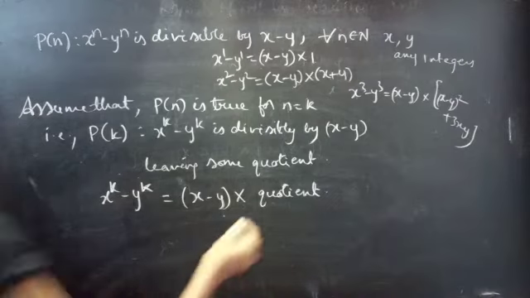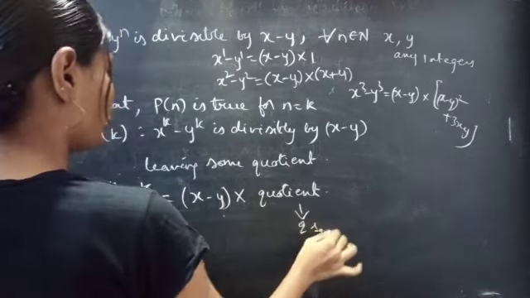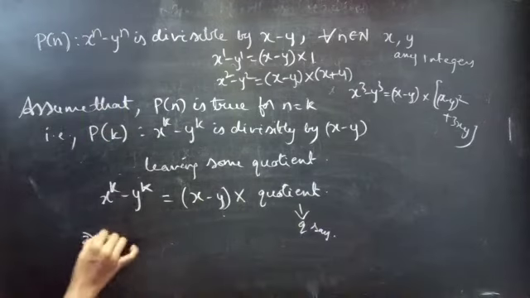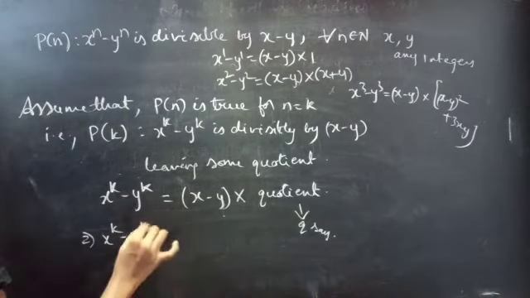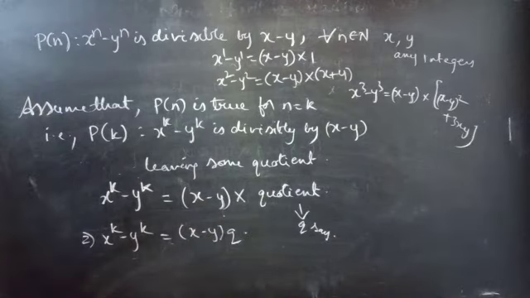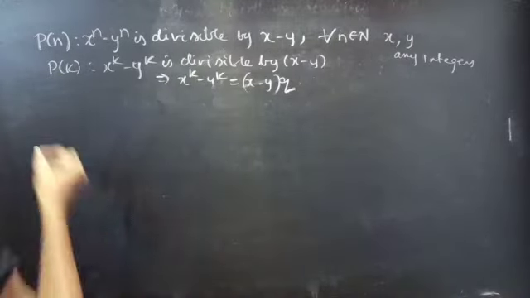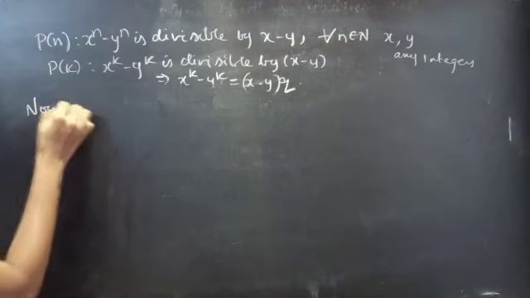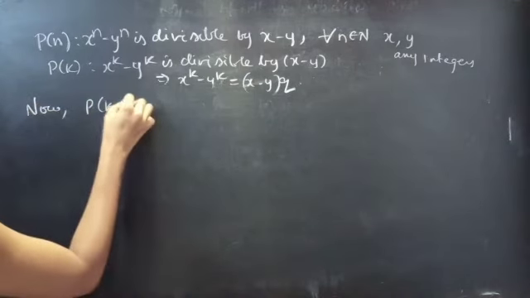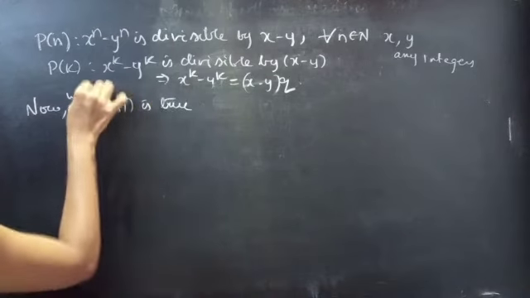So here let's name this quotient as some q, say q for quotient. It will be easy to remember, right? x power k minus y power k equals (x minus y) into q. Since P of k is true, now we'll show that P of k plus 1 is true. We have to prove this.